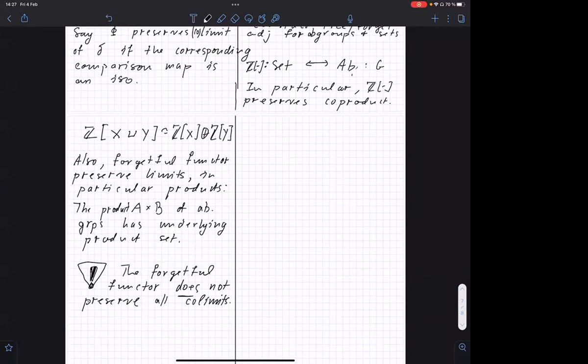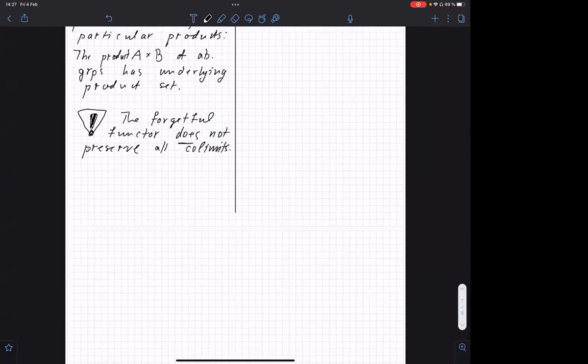So we saw the coproduct of abelian groups was the direct sum. And the coproduct of sets was the disjoint union. But the direct sum of abelian groups is not isomorphic to the disjoint union of the two sets.